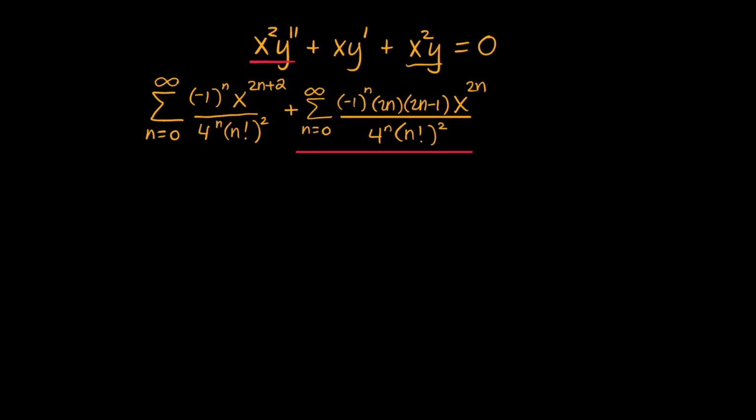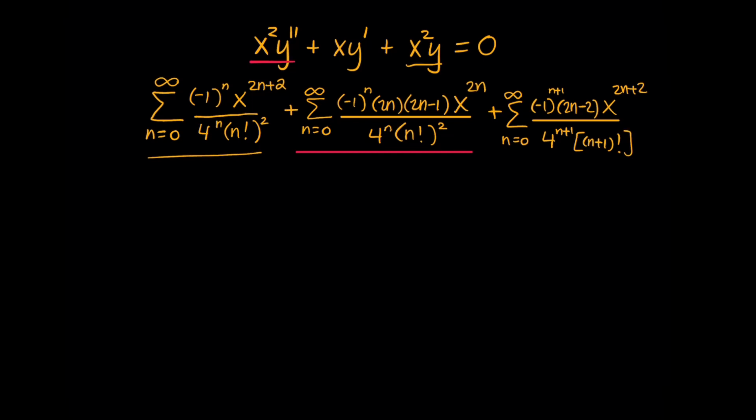X squared y double prime. And lastly, I'll input the middle term, the series for xy prime. So I just simply wrote these series out of order, but you'll see what I'm doing in a moment. All of these need to be equal to 0 when summed up.